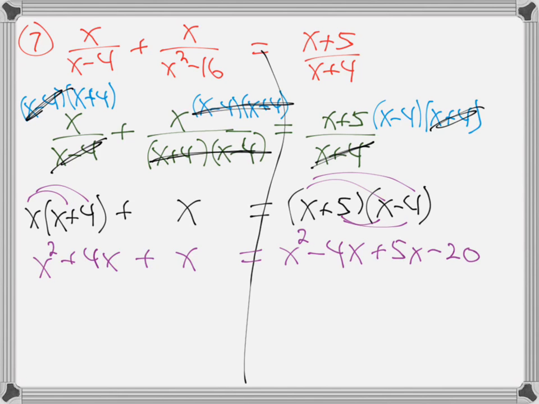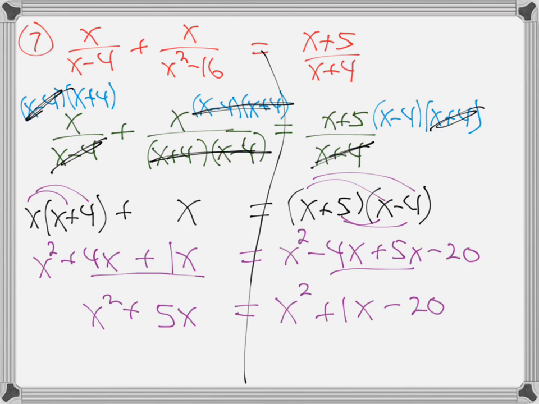Good to there. And then 4x and 1x, that's 5x. Minus 4x plus 5x is plus 1x. We good to there?